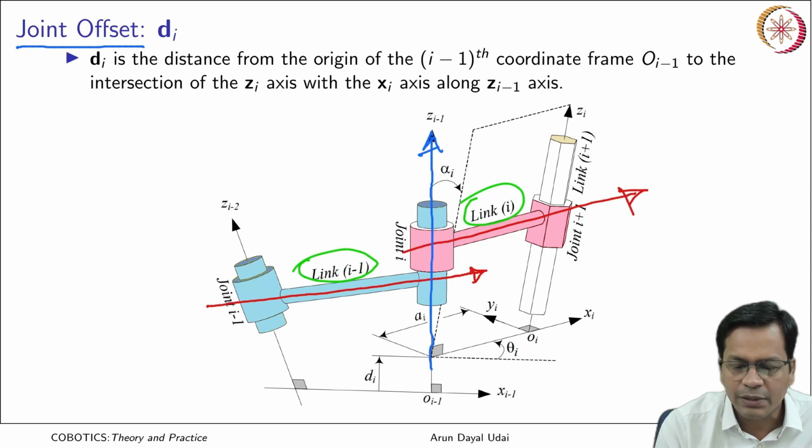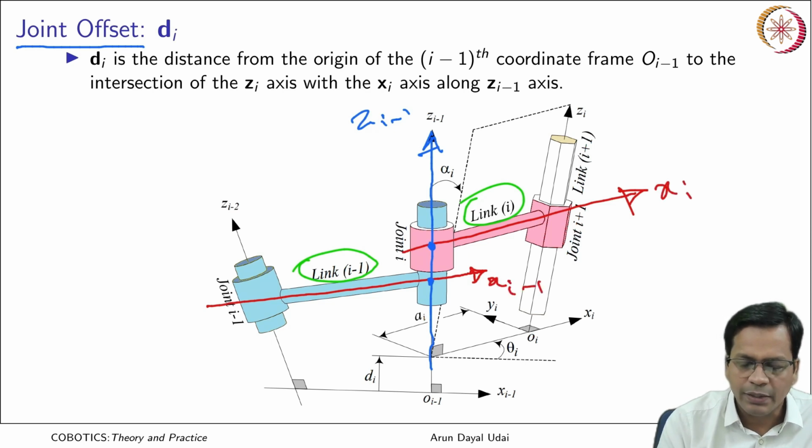So this is the axis Zi minus 1. The common normal intersects the x axes at two points. This is your xi minus 1, this is your xi. The distance between the points where it intersects xi minus 1 and xi is known as the offset. This is the distance I am talking about.